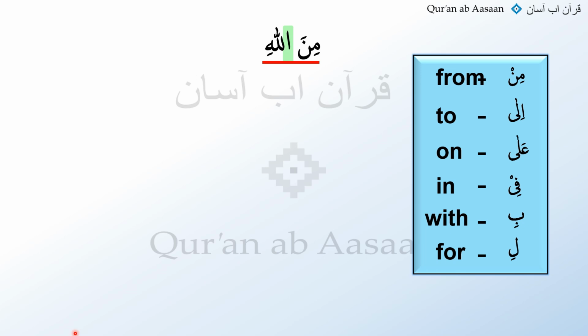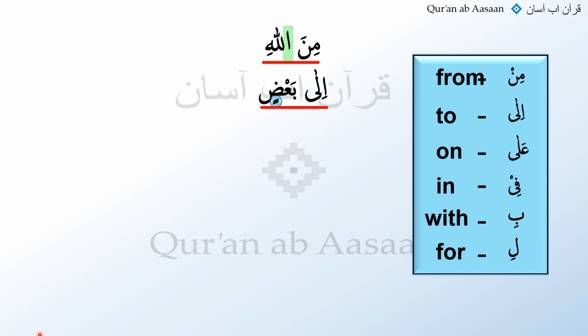Okay, let's just try and translate them without analyzing. So, minallahi is from Allah. Excellent. Ila ba'din is to some. Ba'din means some, or to some ba'd.